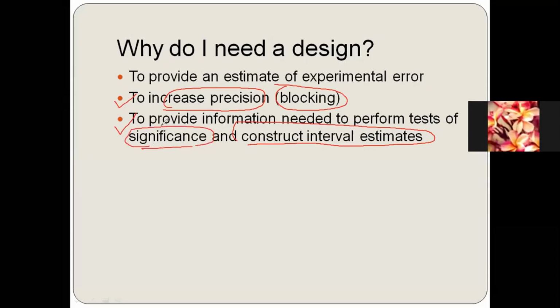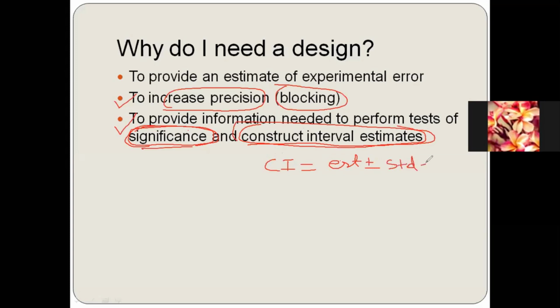But you have heard about these terms before in your first course. Significance, how to compute the confidence interval, right? How we calculate the confidence interval? Estimate, plus or minus. Can somebody remember?